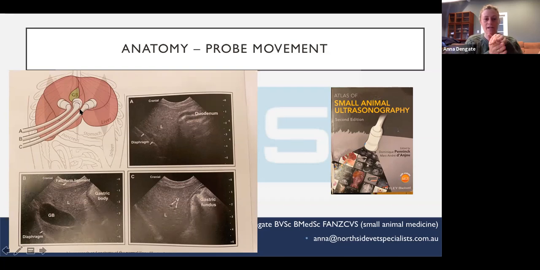So I've kind of got a wedge right through the middle of the liver. And then I fan it right out to the left until I can see the tip of the left liver lobe there. And I keep the diaphragm in the whole time, this bright white line of the diaphragm, so that I know that I've assessed the cranial-most aspect of the liver.